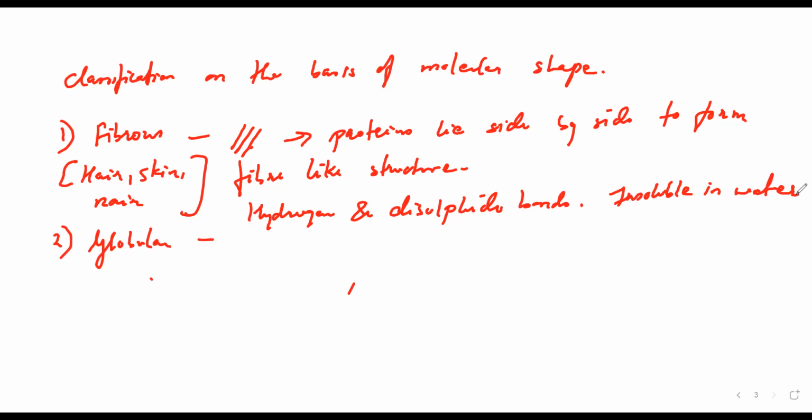Whereas globular proteins, globular means spherical in shape. They have intermolecular hydrogen bonding, and with the help of this bond, the chain folds into spherical structures, like this.